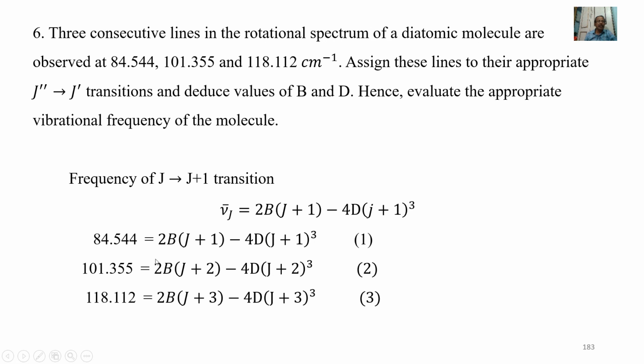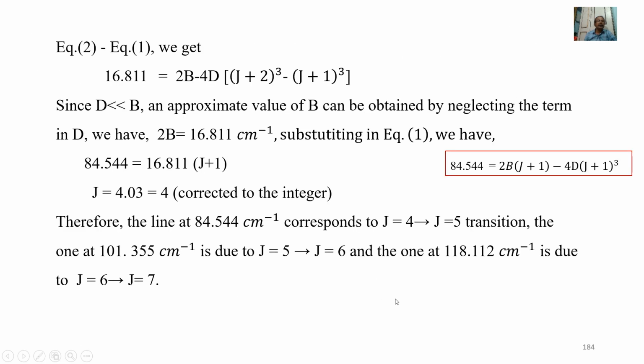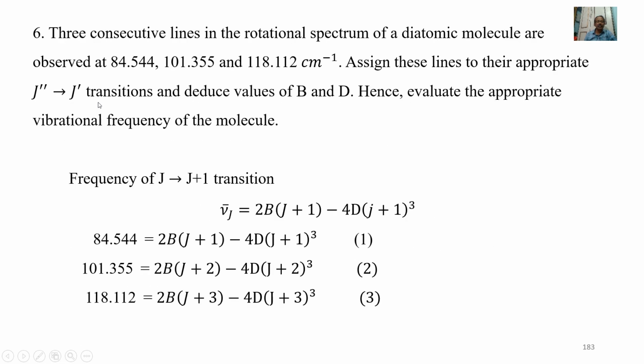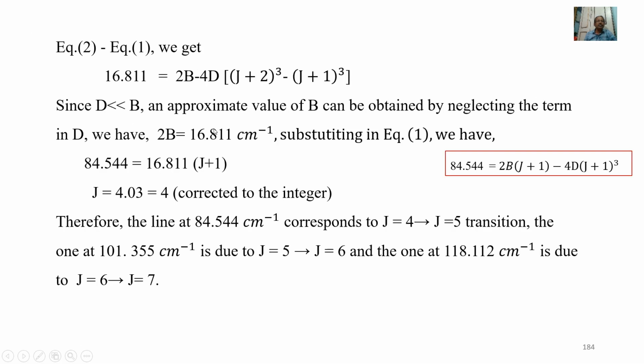For the second transition, 101.355, equation 2 is written, and for the third transition, equation 3. Now equation 2 minus equation 1. Our aim is to find B and D, so first we will have to find J and thereby B and D.